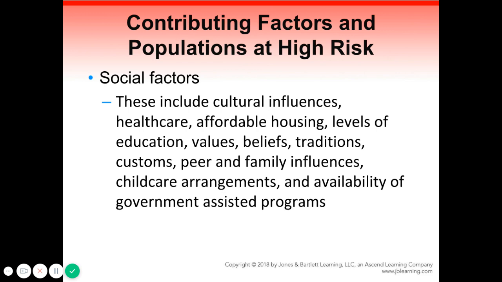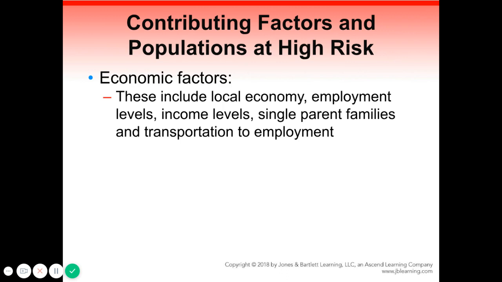Think about this. Cultural differences and influences can have a factor on what risks. Think about how people cook. The cultural differences between those families and those communities and how they cook put some families more at risk. What they cook with, how they cook, what it looks like. The next is economic factors.